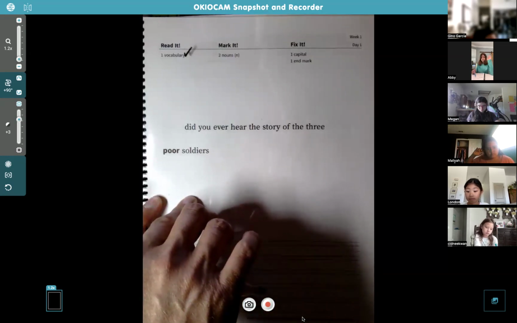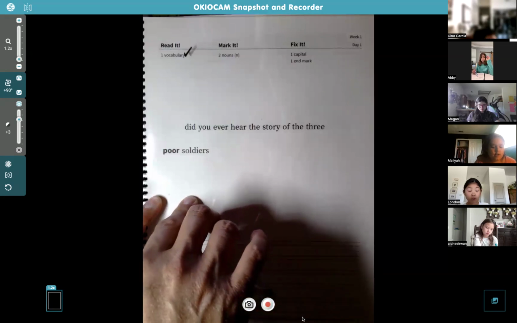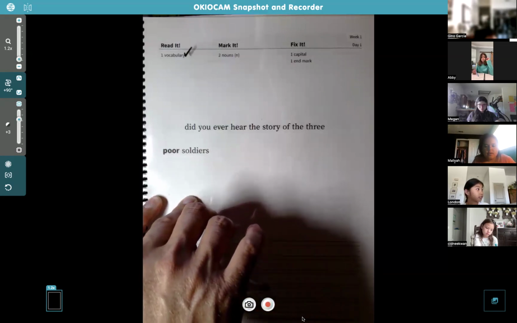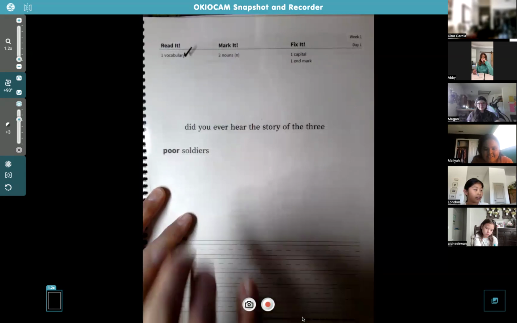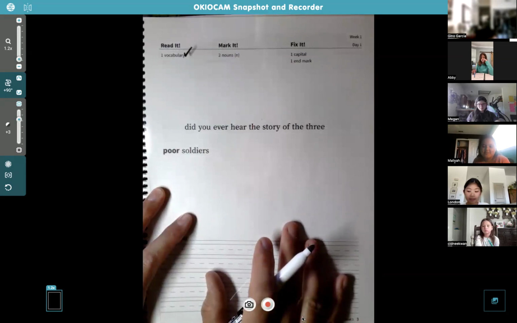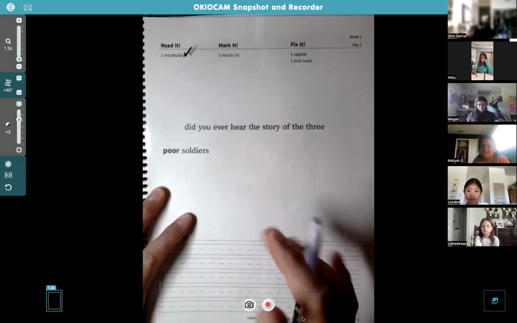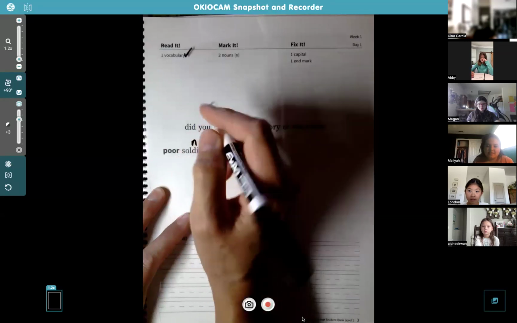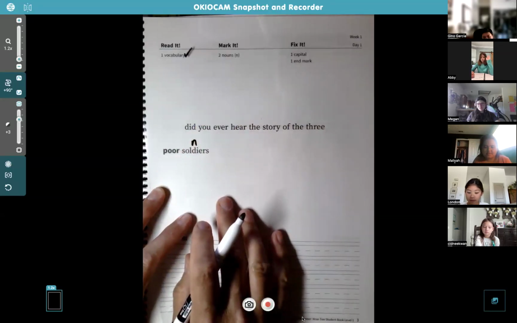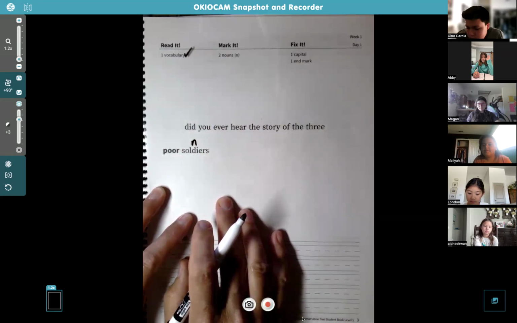Okay, Malia, do you see one? I see soldiers? Yes, good. So we're going to put an N like that on top of soldiers. Because you're right, those are people. And that is a noun.